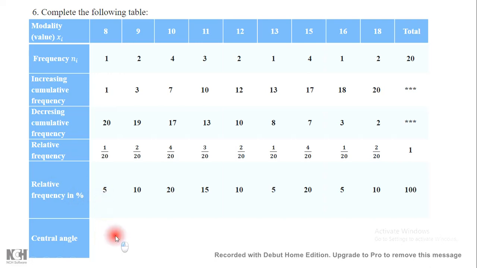So 5 times 3.6, which is 18 degrees, 10 times 3.6, which is 36, 20 times 3.6, which is 72, and so on. We continue until we end with the total of the angles, which is 360 degrees, the angle of the total circle.